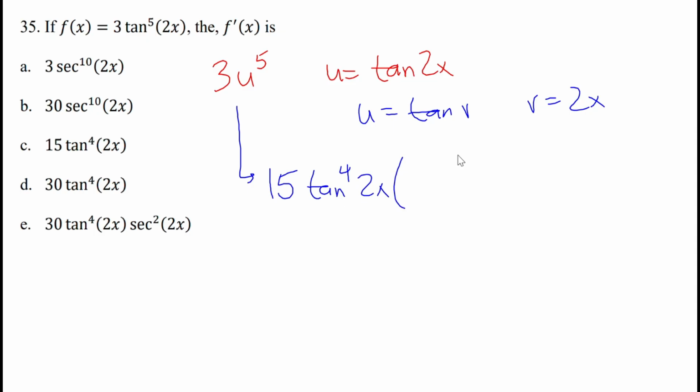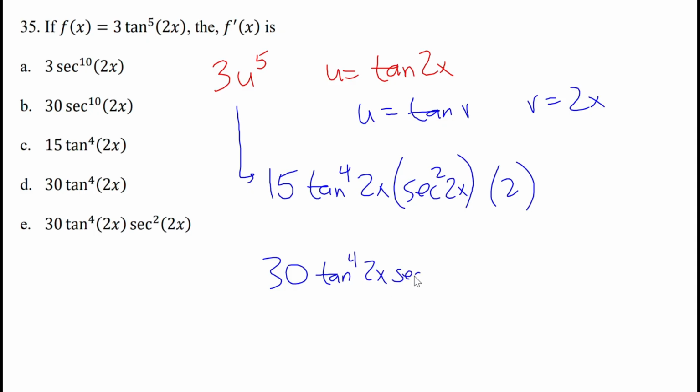We're going to multiply by the derivative of u, so that'd be secant squared of v, or secant squared of 2x. And then we'll multiply by the derivative of v, which is just 2. And so looks like 15 times 2, of course, is 30. So we've got 30 tangent to the 4th 2x, secant squared 2x, which is choice E.